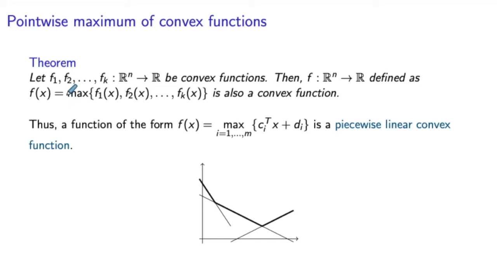But for a pointwise maximum of convex functions, we can easily show that this function f of x will also be a convex function. And in particular, for the linear case, we have the piecewise linear convex function. And this is how it looks geometrically. So let's say we had a function of one variable, we have a bunch of linear functions here and we are looking for a pointwise maximum. So let's say if I take a point right here, then the maximum will be corresponding to this linear function right here.